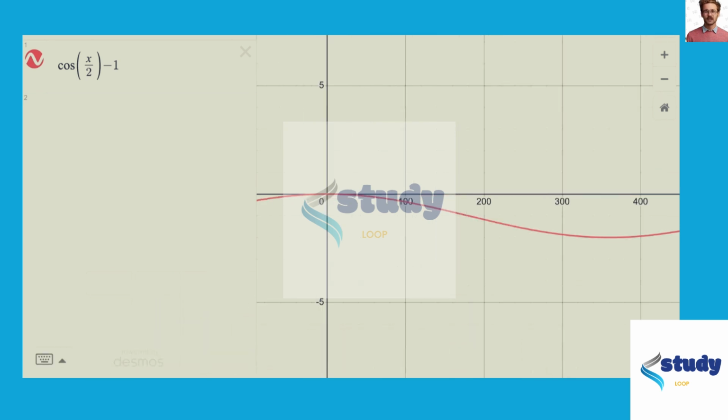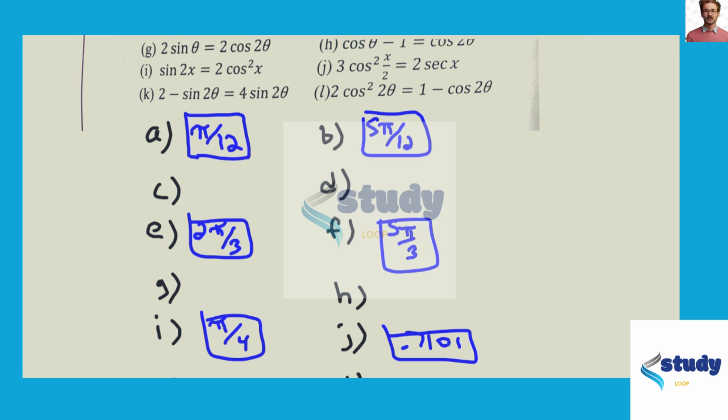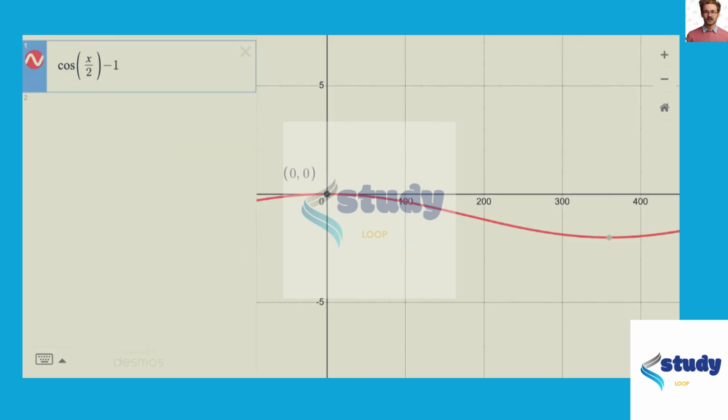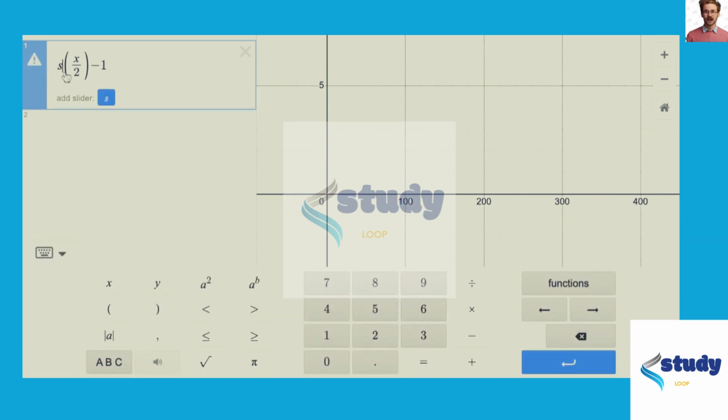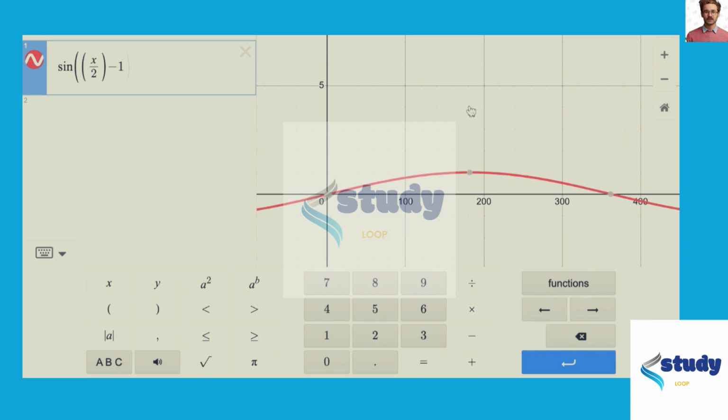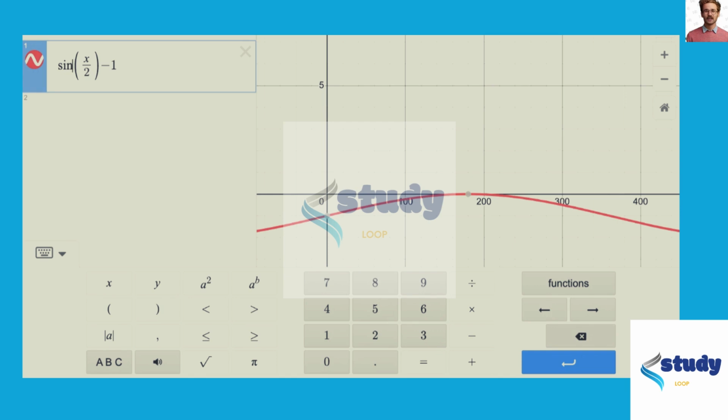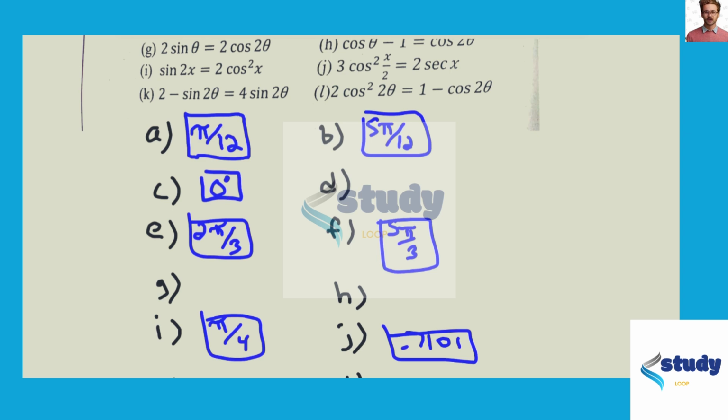So at 0, this is a solution. And that is non-negative. In D, sine of x over 2 equals 1. So I'll just change this to sine, and that would be at 180 degrees.